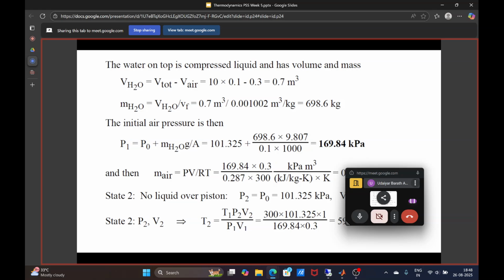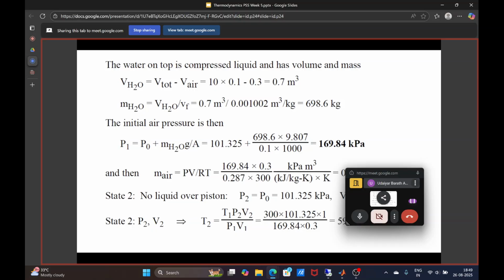The volume of water will be the total volume minus the volume occupied by air. The total volume, we know the cylinder height is 10 and the cross section is 0.1, so that comes out to be 1 meter cube, minus the volume occupied by air, which is 0.3 meter cube. So the volume occupied by water is 0.7 meter cube.